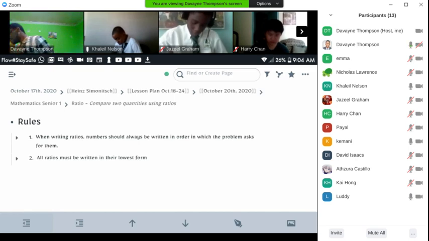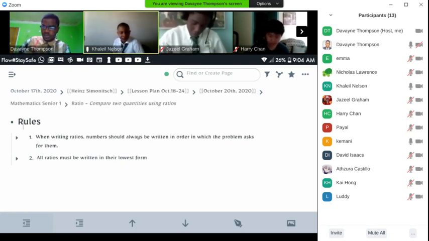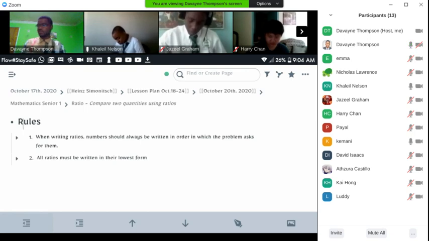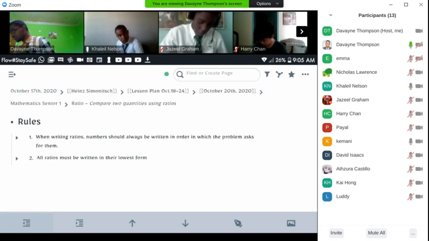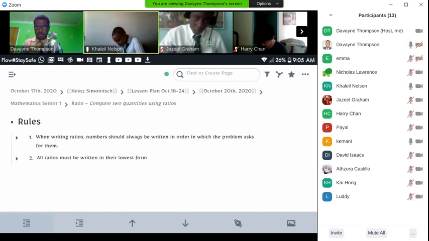Page 78 in volume 1 of the Raymond Tulsi, the gray one. I'm on page 78, but I don't see the rules there. Do you see ratio? It should be on the left side.